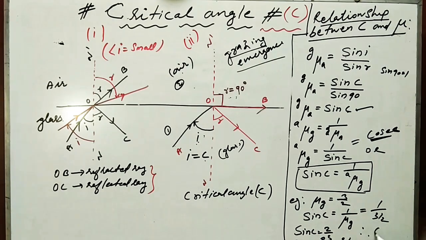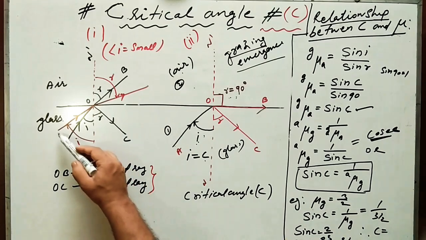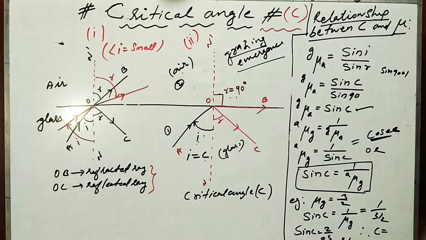The value of sine theta corresponding to 2 by 3, I am getting it as sine 42 degree is equal to 2 by 3 in the logarithmic table. So I can write the critical angle C for the glass-air interface is equal to 42 degree.